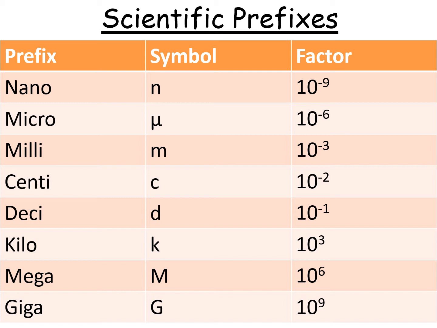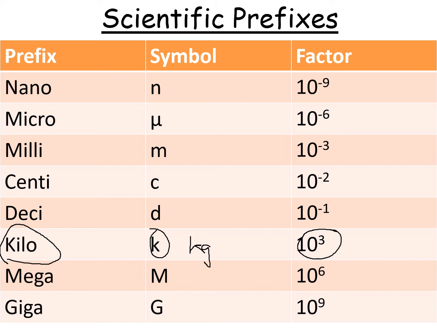Okay, so one of the most common ones which you probably use quite a lot is kilo, as in kilograms, which is represented by a k. So now you know why the unit for kilograms is kg, and you multiply by 1,000. Okay, and again, you know that to get kilograms into grams, you multiply by 1,000.